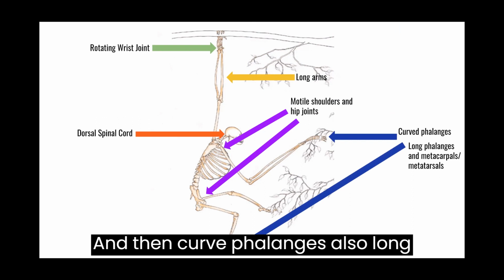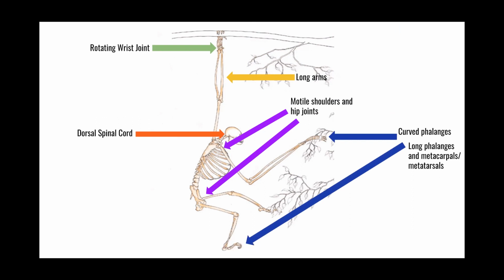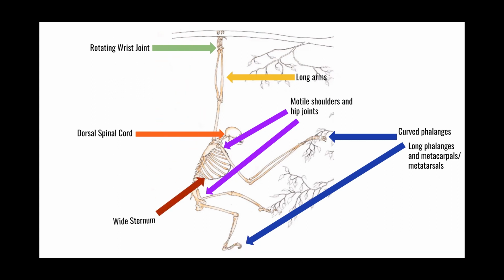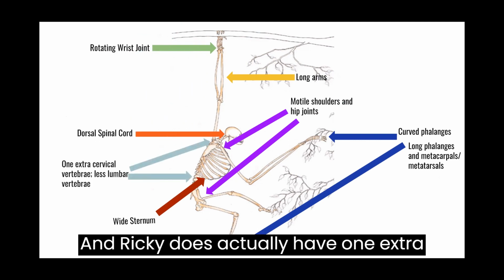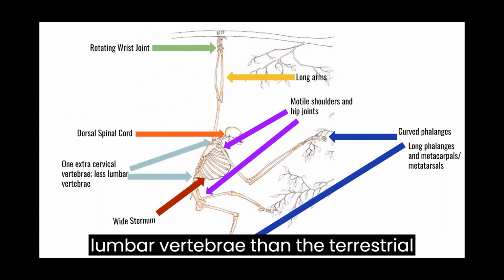And then curved phalanges, also long phalanges, metacarpals, and metatarsals, for grasping, a wide sternum. And brachiators actually have one extra cervical vertebra and one less lumbar vertebra than the terrestrial quadruped.